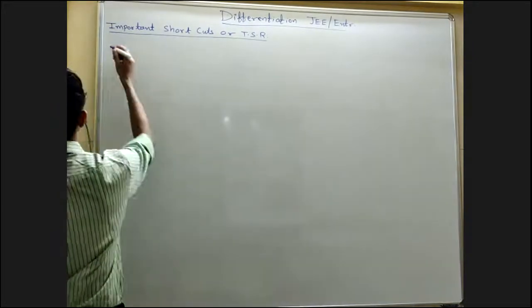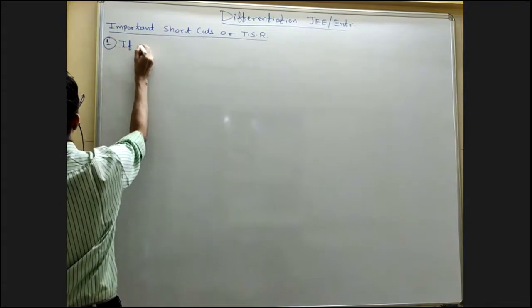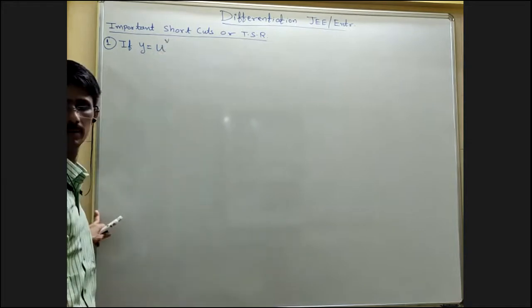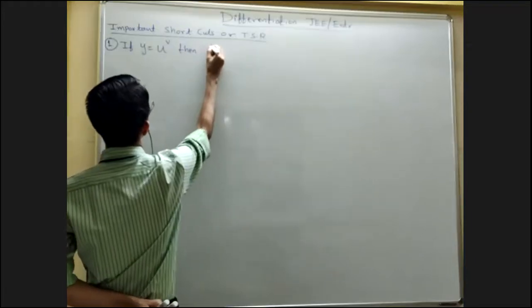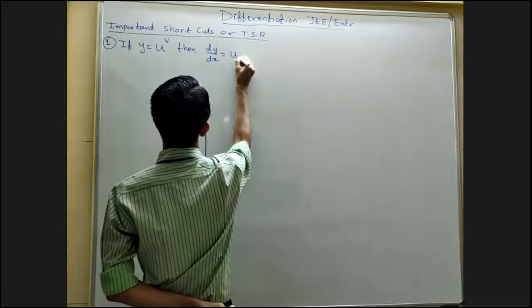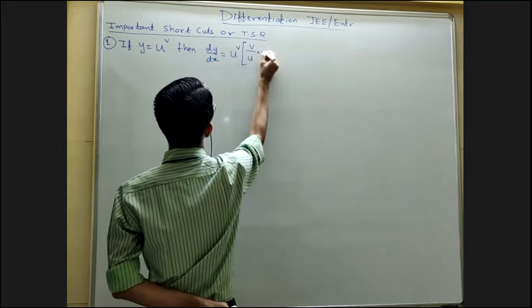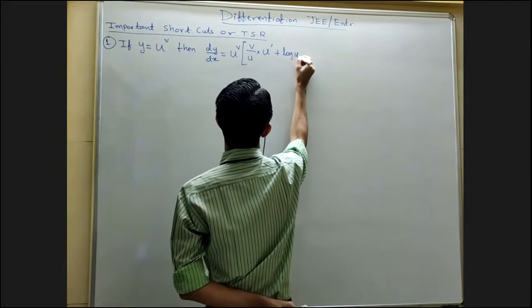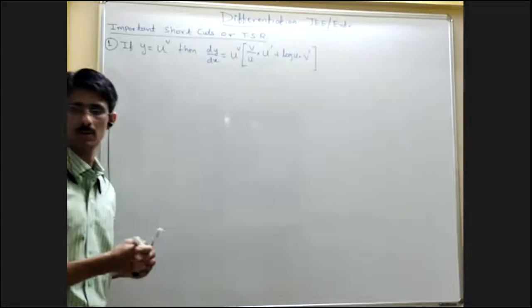Under this, the first one, write down if y is equal to u raised to v, then dy by dx equals, write down u raised to v bracket v by u into u dash plus log u into v dash, and close the bracket.